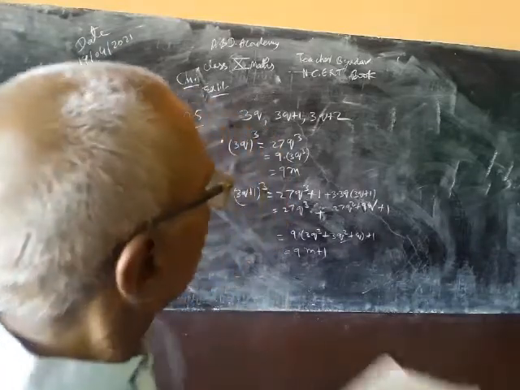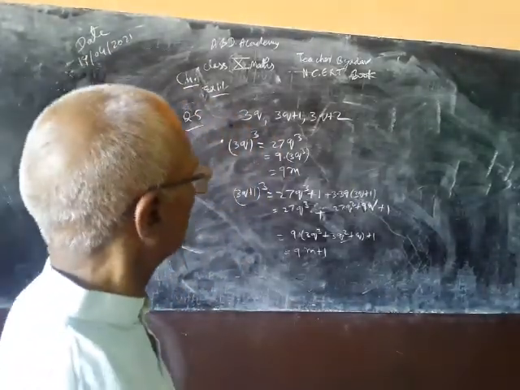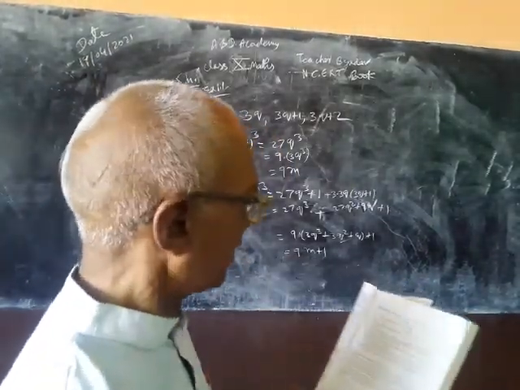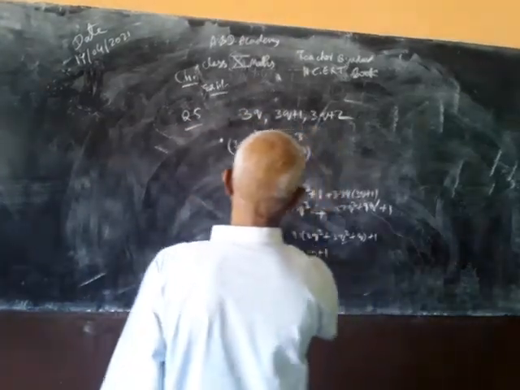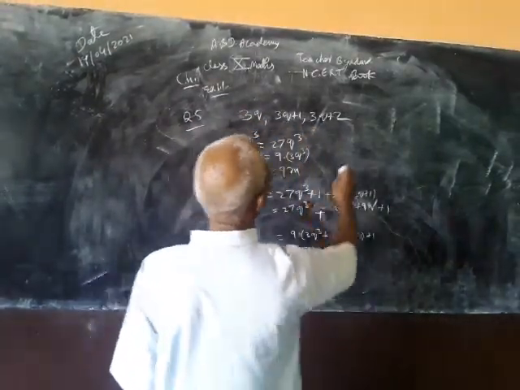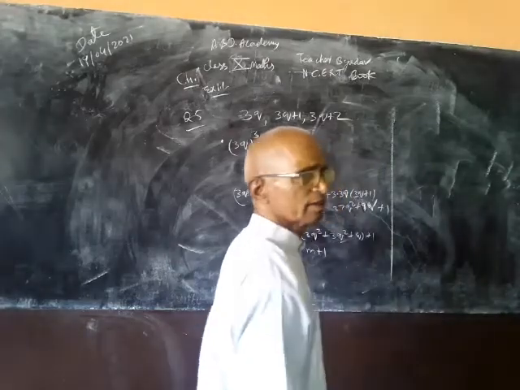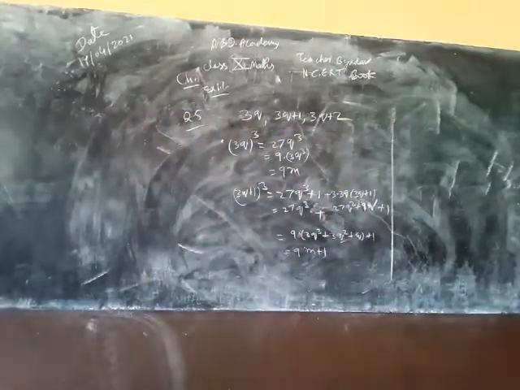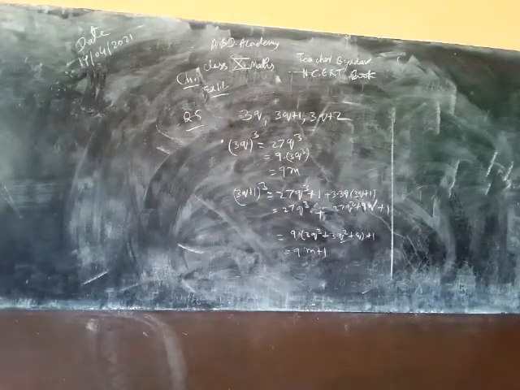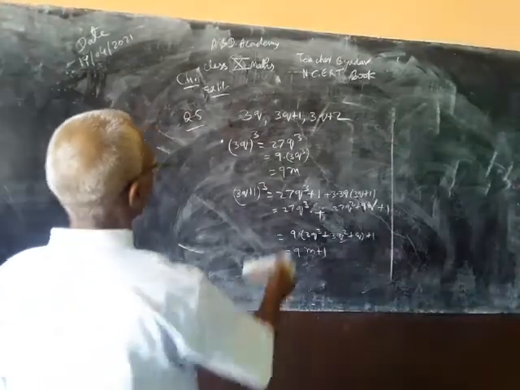Similarly, by taking the third one, we shall get 9m plus 8. I am doing it here, whether it comes in the video or not, no more space is there, so let us rub the first.